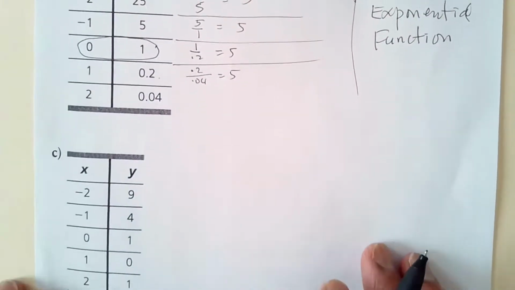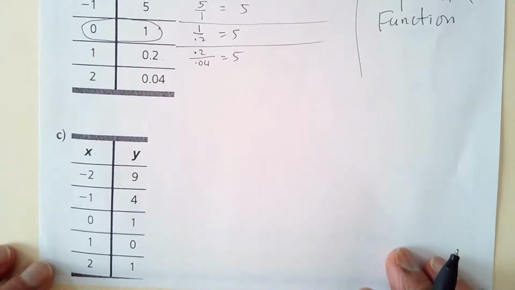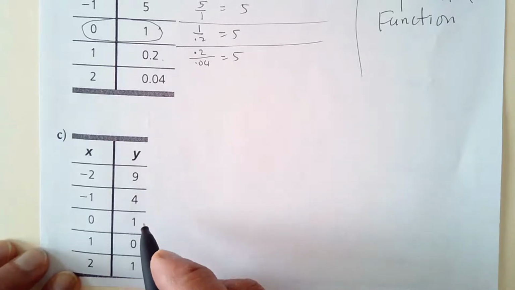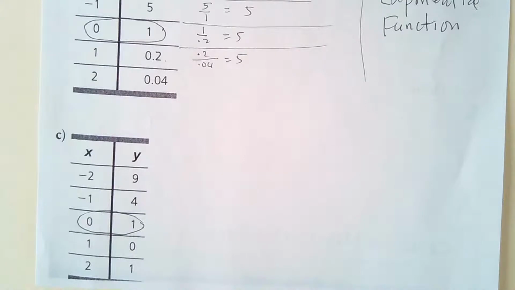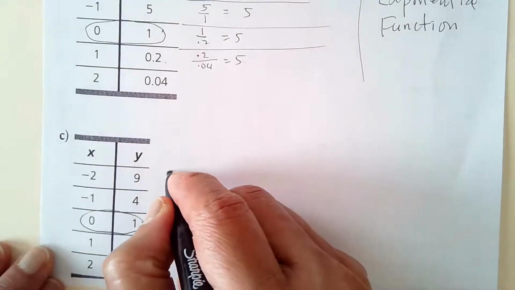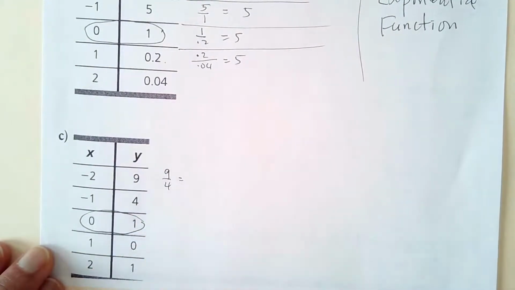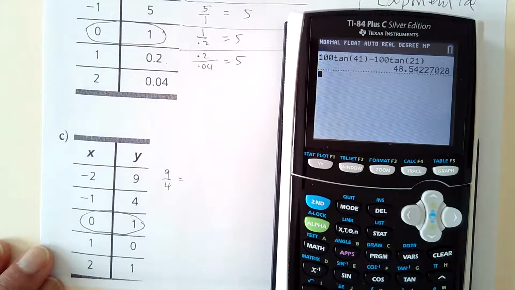The last question, although we have an intercept of 1, we're not too sure yet. So we'll apply our ratio rule here. Now let's look at the ratio between these two. 9 over 4. Now, get my wonderful calculator here and let's work it out. 9 divided by 4 is 2.25.